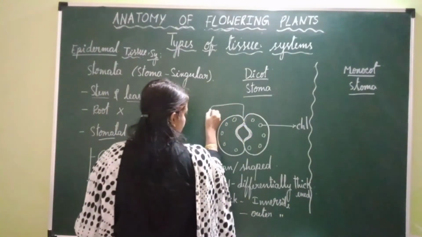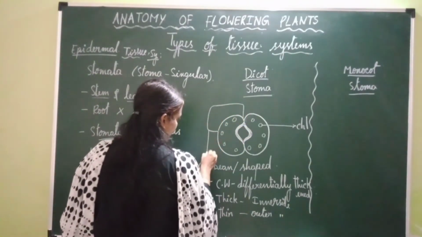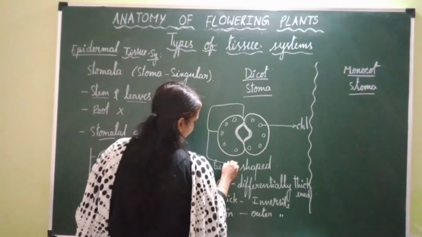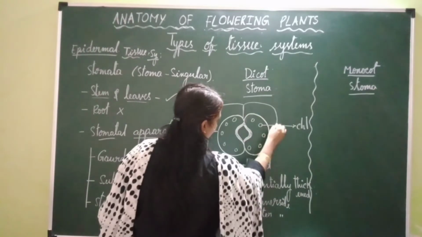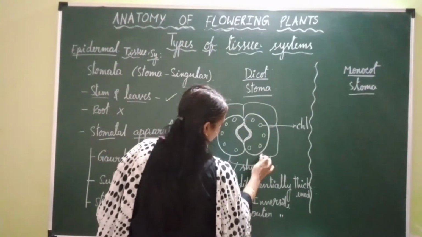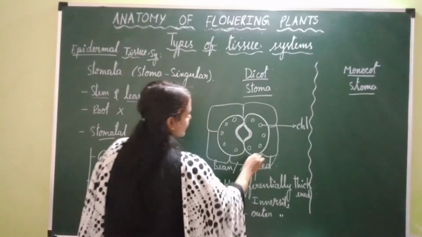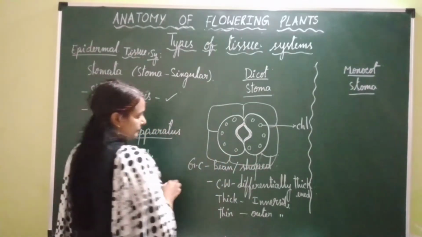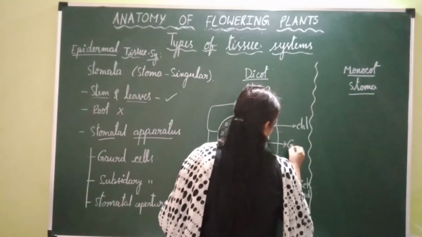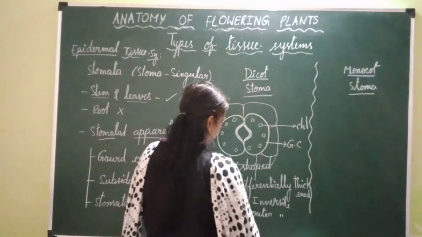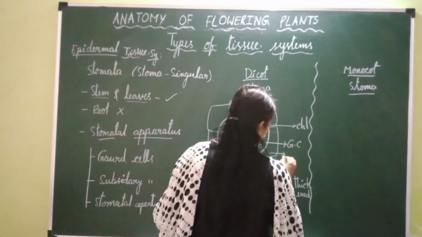Okay, now these guard cells are surrounded by subsidiary cells. I am writing guard cell as GC, subsidiary cell as SC.